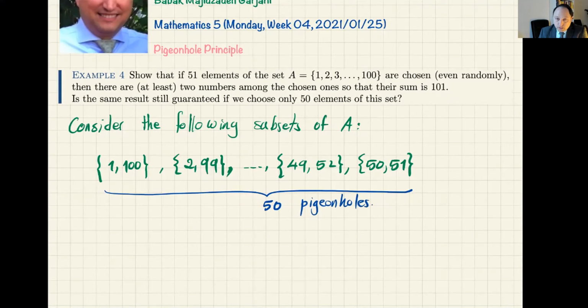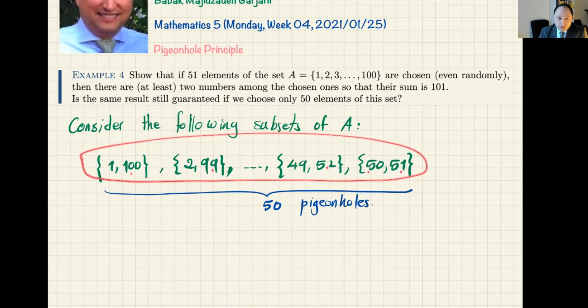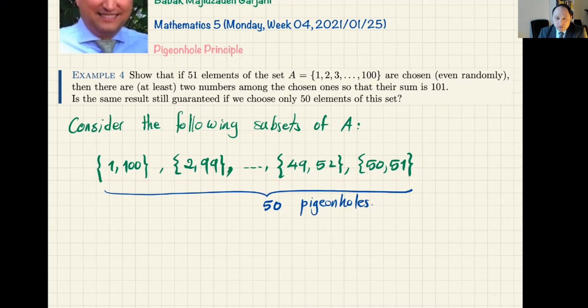But I am choosing 51 numbers. First of all, you see that these subsets contain all these elements, yes? 1, 2, up to 50, and then 51, 52, up to 99, 100. So I am considering all the elements of my set when I consider them as these subsets, each containing 2 elements.